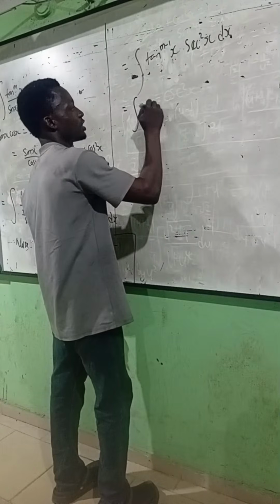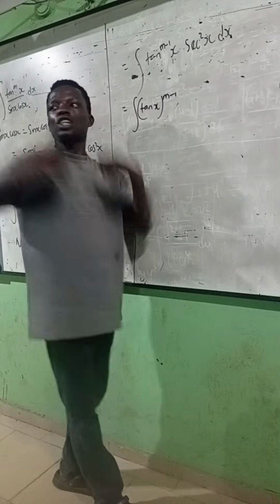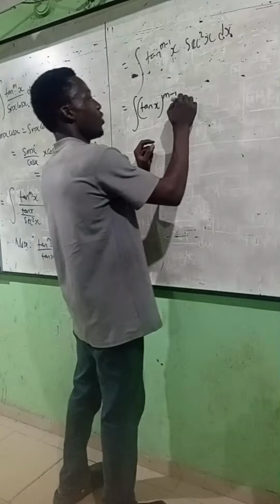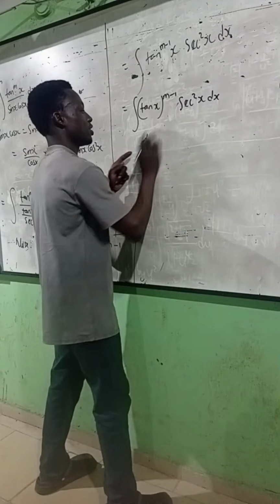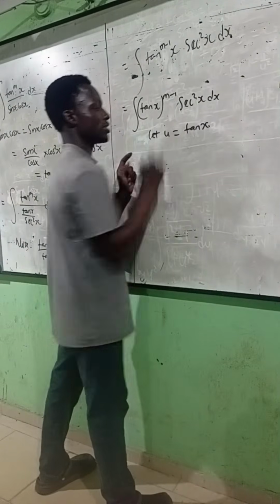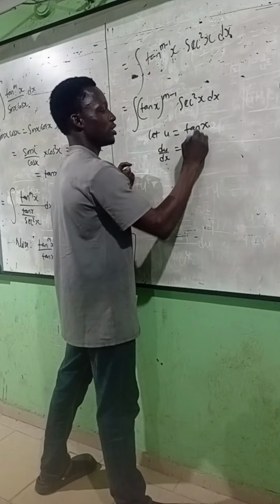So here you have tan x, right? To the m minus 1. Now if you have tan square x, you can write it as tan x all in square. So here we have sec square x dx. So let u be tan x, such that du over dx equals sec square x.